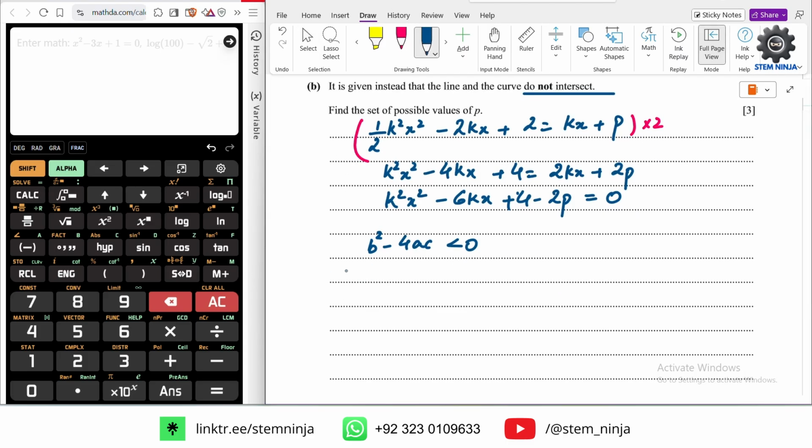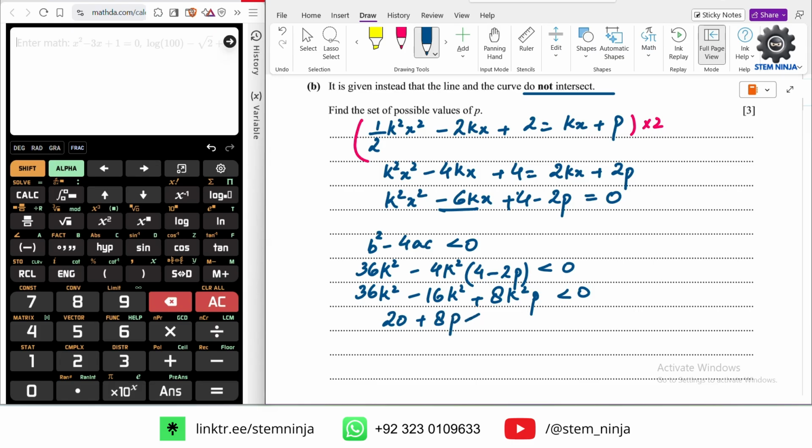Let's see where this goes, and then we can see what we need. b squared is 36k squared minus 4 k squared times 4 minus 2p, less than 0. 36k squared minus 16k squared plus 8k squared p less than 0. k squared is a common factor, so we can reduce that. 36 minus 16 is just 20 plus 8p less than 0.